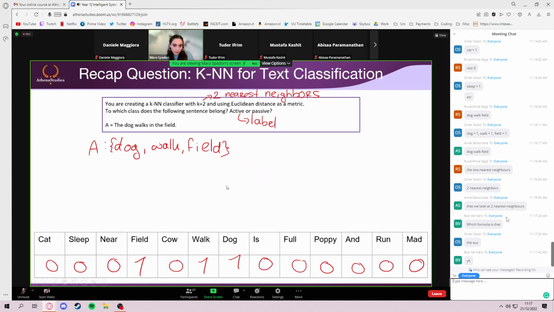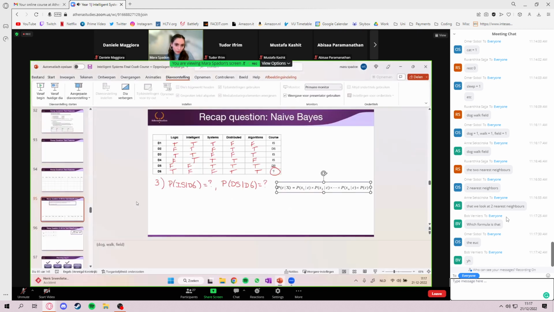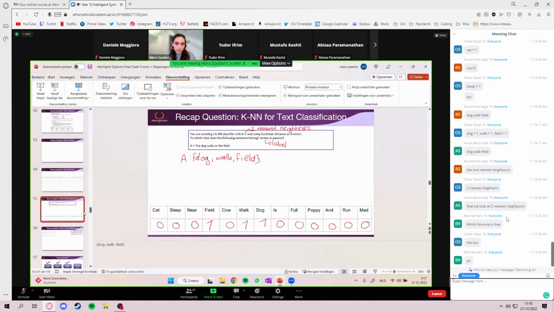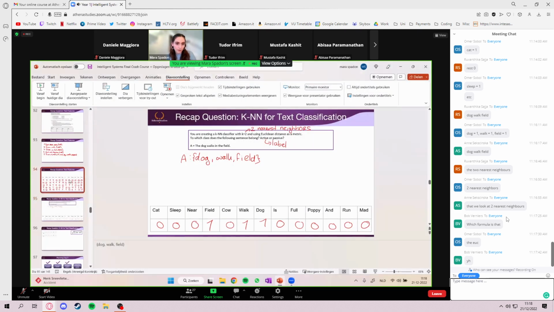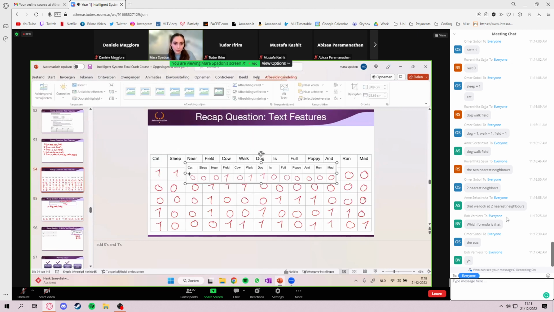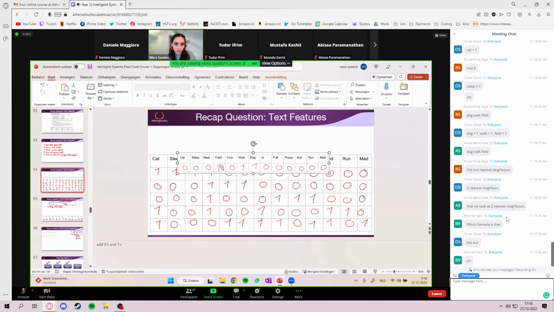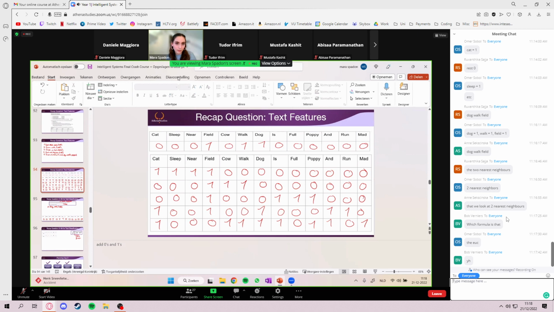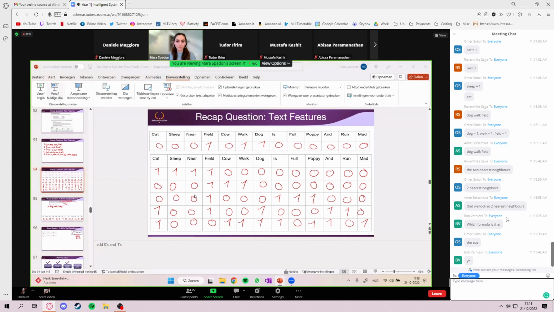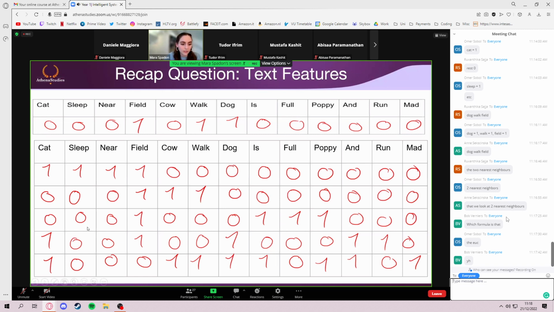So I think it would be easier if I take this one and put it above the table that we just had. Like that, so we can compare them more easily.